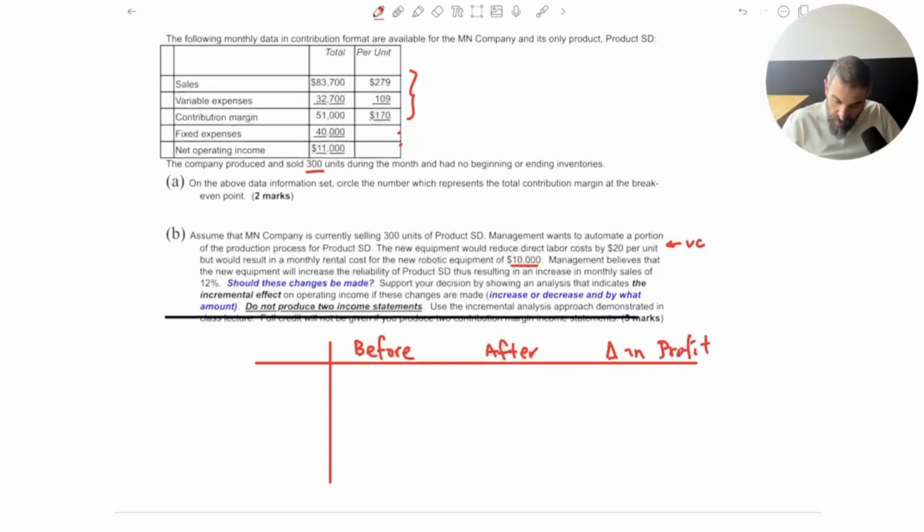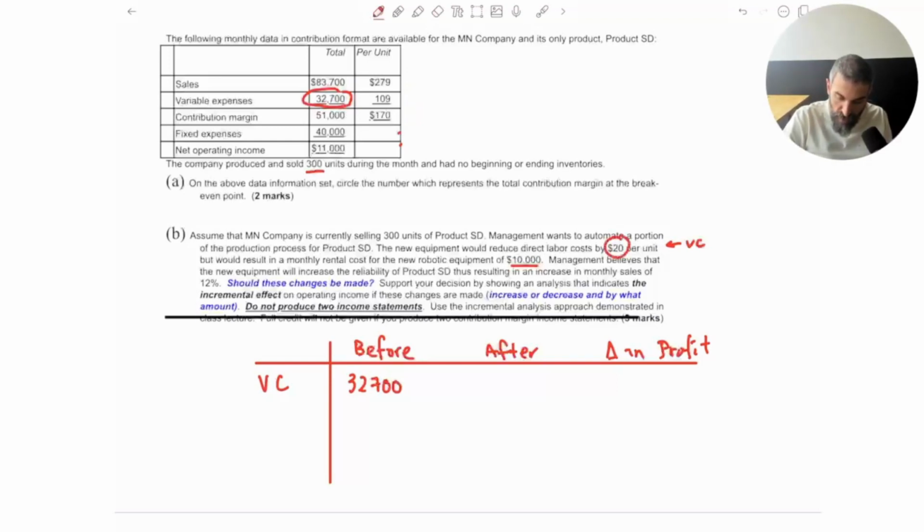So let's start with the direct labor cost, right? So direct labor, or rather I should say variable expenses. So I'll put VC for variable costs. We know that before it is 32,700. But if they lower it by $20 per unit, right?